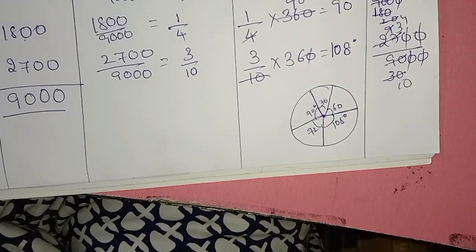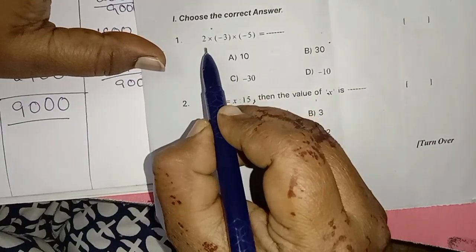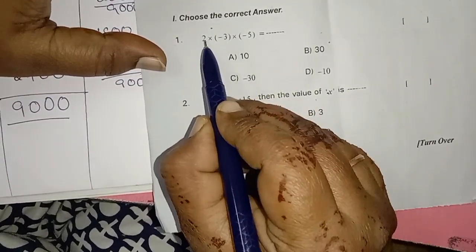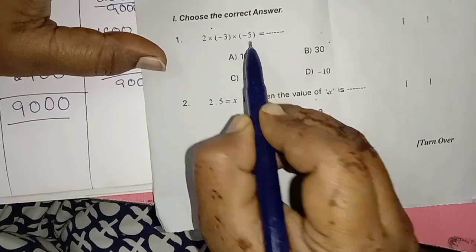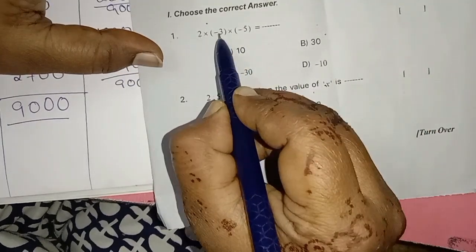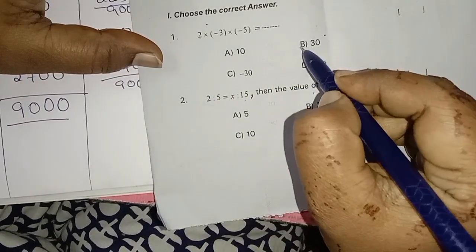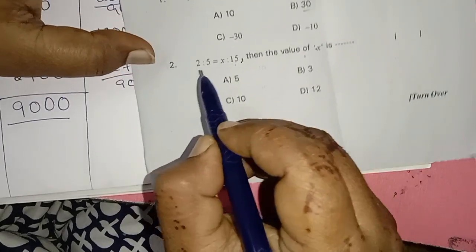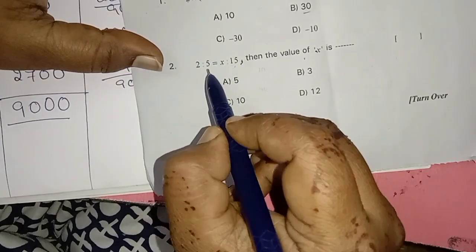Next, part B. So directly multiply these three numbers. 2 threes are 6, 6 fives are 30, and minus into minus is plus, so 30 is your answer. Next, product of means equals product of extremes, right?